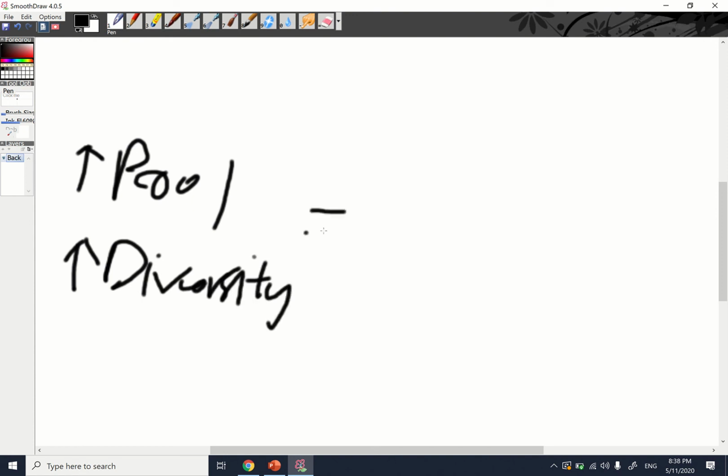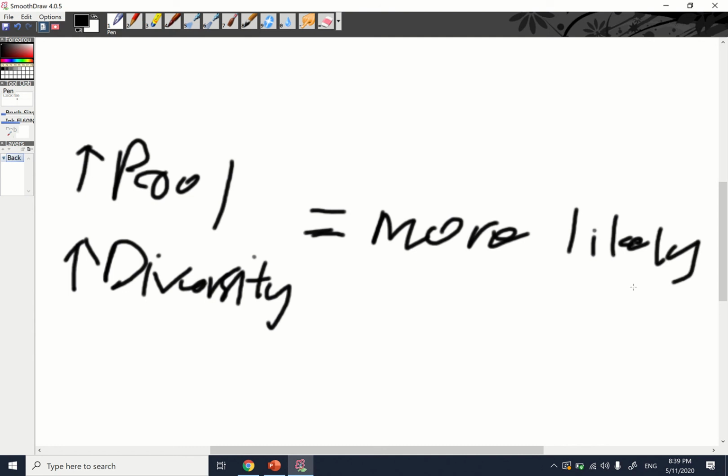And what this means is it is more likely for a population with a large gene pool to have some individuals that are resilient or favorable to certain selection pressures. So more likely to survive.